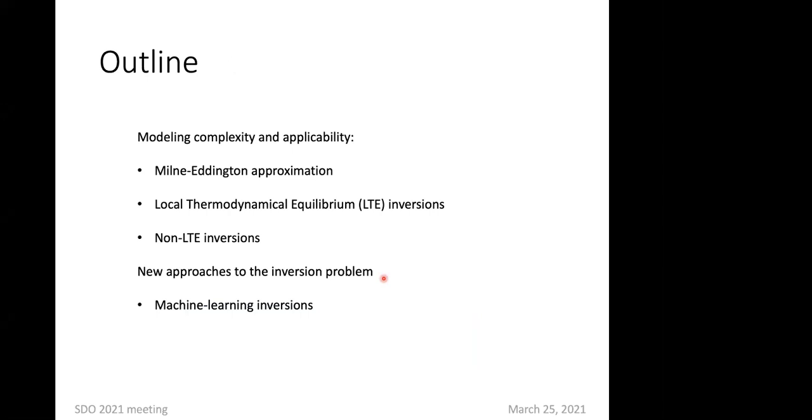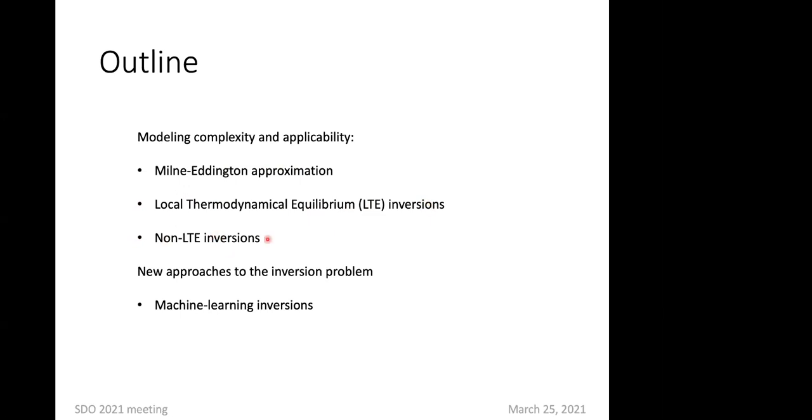And the difference between these inversion codes is the physics, the complexity of the physics underlying the radiative transfer modeling. So I'll first start with the Milne-Eddington approximation, which is the inversion code in the data pipelines of the HMI and the Hinode SP instruments. Then I'll move on to local thermodynamical equilibrium inversions for photospheric spectral lines.